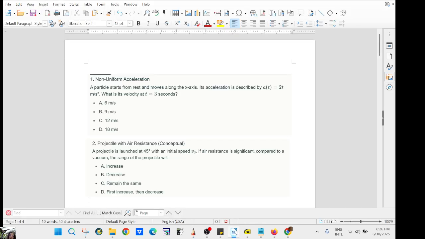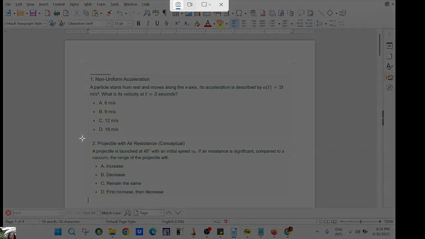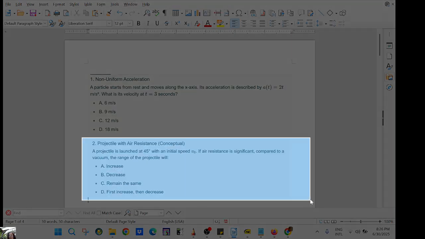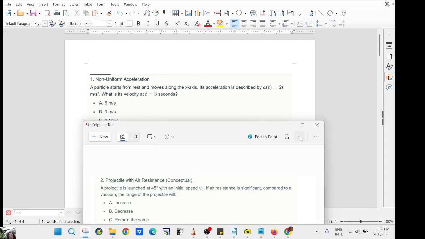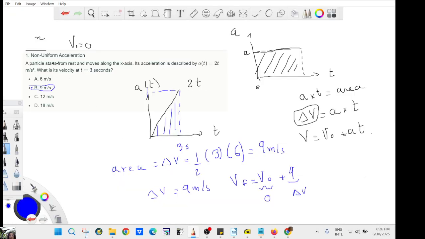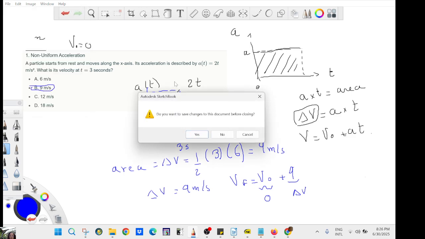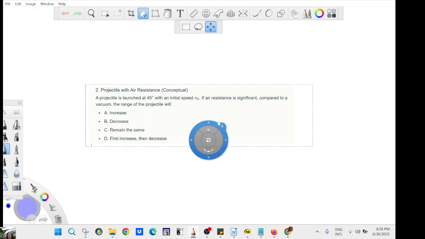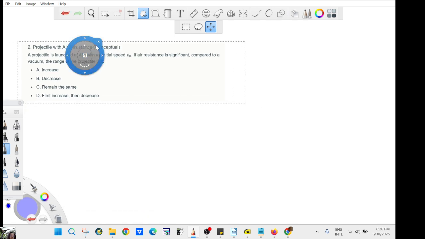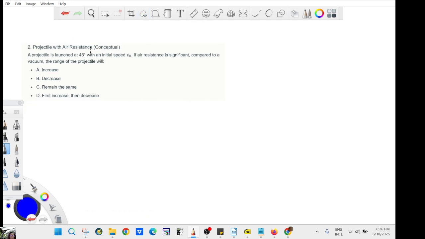Okay, so the next one is easier. What's going to happen if you have a resistance? So first of all, one thing to know is that when you have a projectile motion, if there is no air resistance, the only force acting will be the weight.